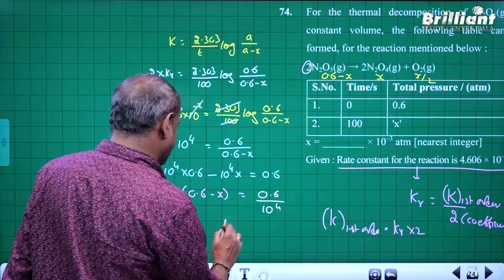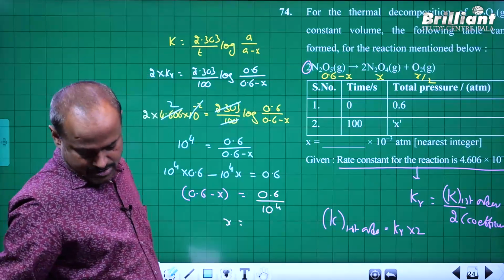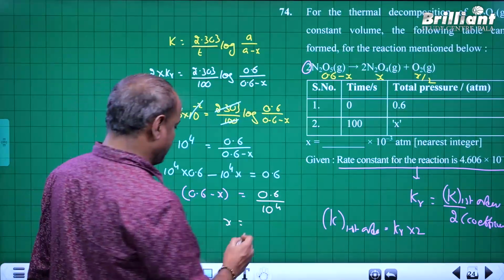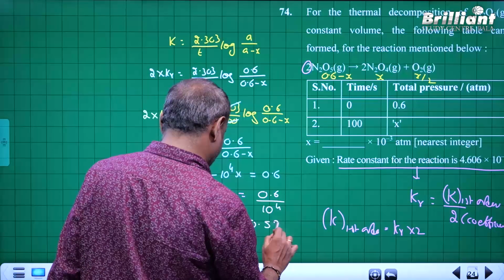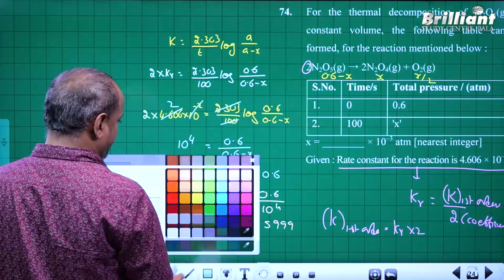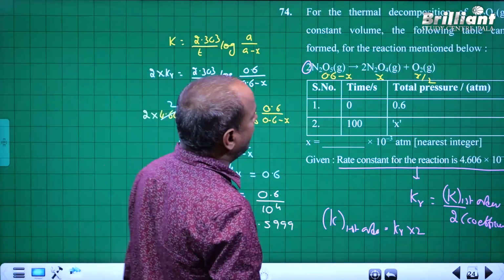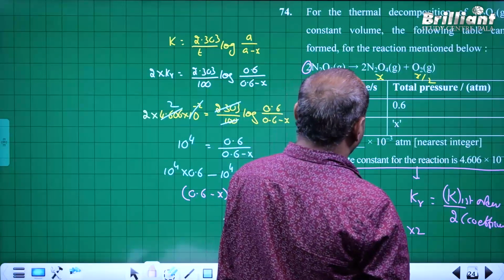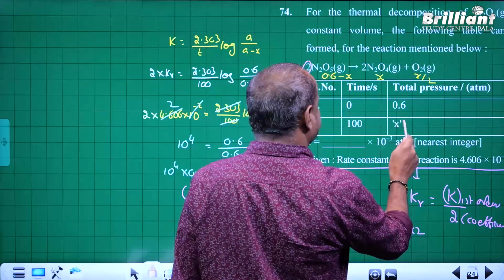So this gives the x value nearly 0.5999. But we want to find out the total pressure, not x.